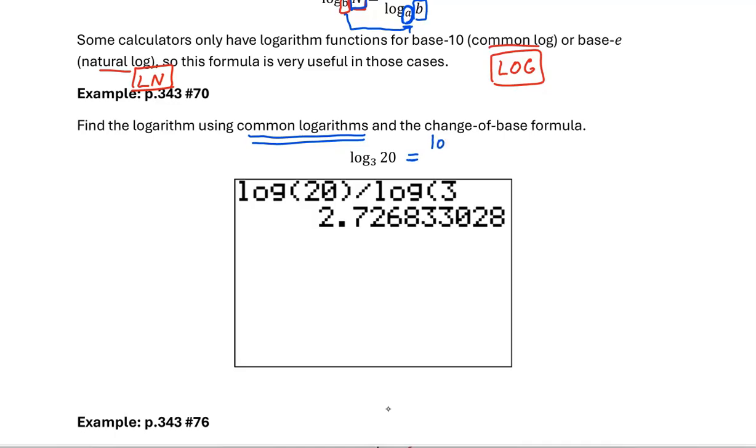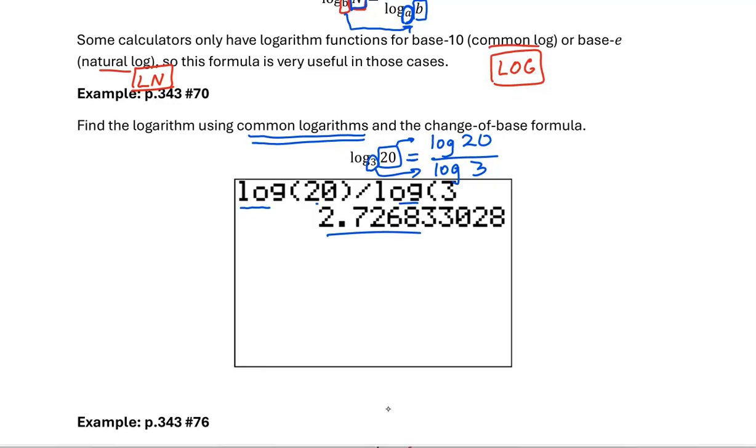Log, base 10, of the big number 20 goes on top, so log of 20 divided by log of the original base number 3. That's what I did on the calculator: common log of 20 divided by common log of 3, and there it is. It gives me the answer I'm looking for.